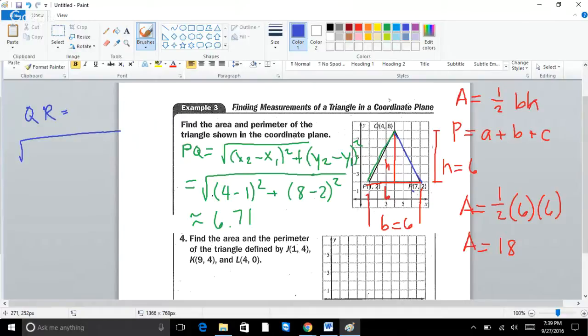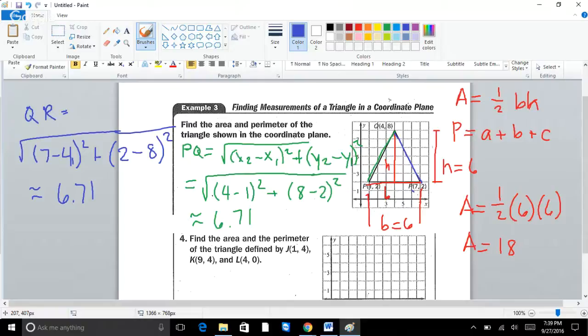So I've got 7 minus 4, that's my change in my x's, squared, plus, sorry for the messy writing, 2 minus 8 squared. And if I calculate that, I get that QR is about 6.71. So it looks like QR and PQ are the same length, which now looking at the diagram makes sense, right?